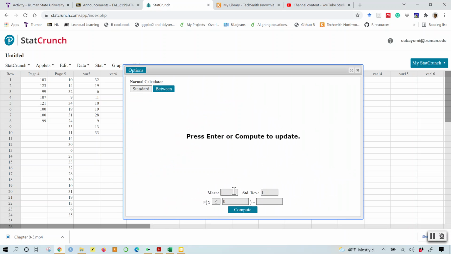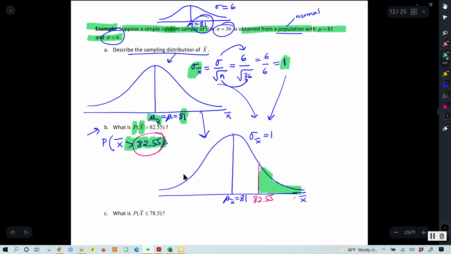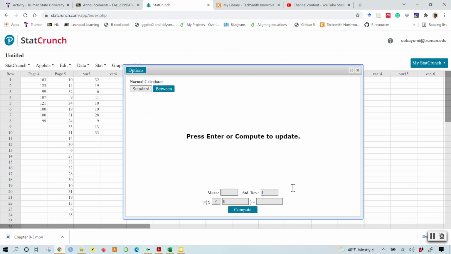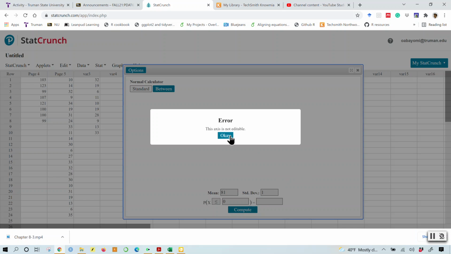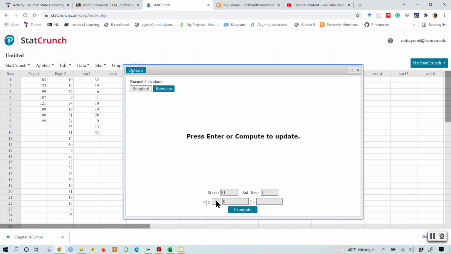The mean is 81 and the standard deviation is 1. That was why we got those two values earlier, because we're going to need them in StatCrunch. So I have put in the parameters there.